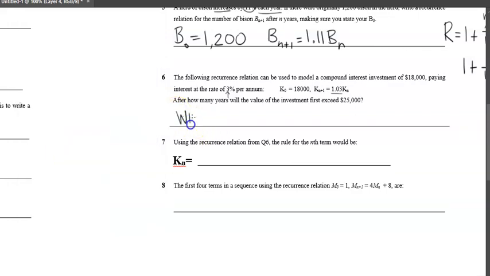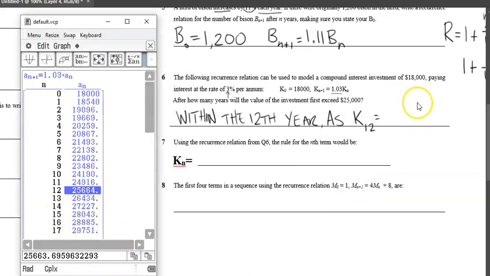So within the 12th year, it's not here, as K of 12 is equal to, and you'll just put that amount that is in there, 25664. We'll round it, yeah, we'll just put it as 25664.